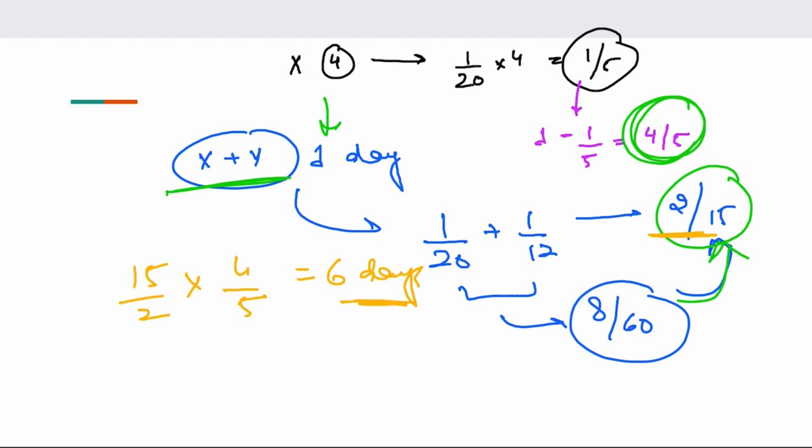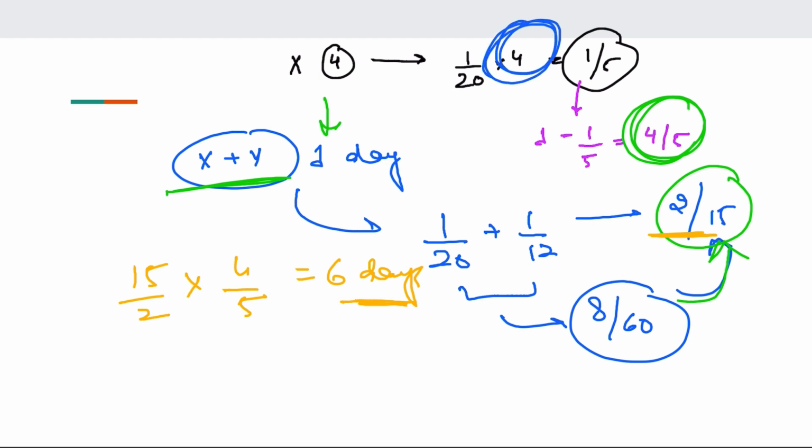Now 6 days is not the answer. Many people make a mistake here. Why is 6 days not the answer? 6 days is the answer when we are asked how much time is taken by both X and Y. But what was the question? The question was that X started the work first, so I have to aggregate the total amount of time in which X worked and X plus Y worked. So how much time did X take? 4 days.